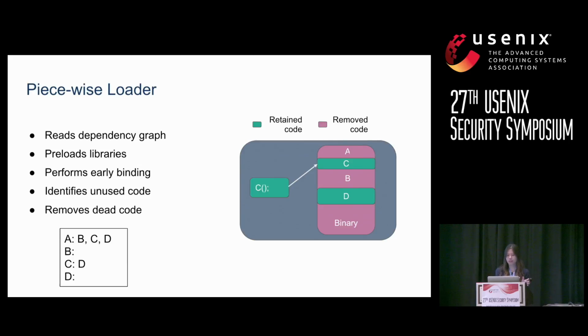So after that stage, it will go ahead and remove the code from the binary, and the result is the debloated program. So in this example from the right, you can see that the program uses the function C, and if you see it in the dependency graph down here, if you load C, you will have to load D. And so in the memory, only C and D are retained. The rest of the code will be removed.